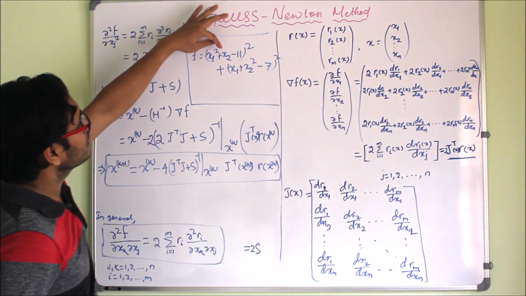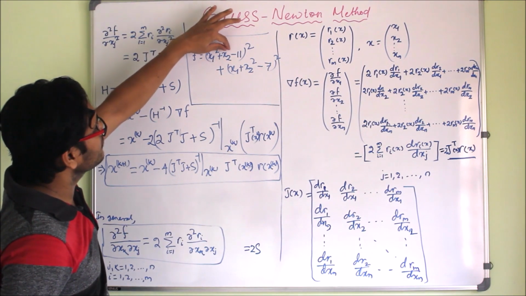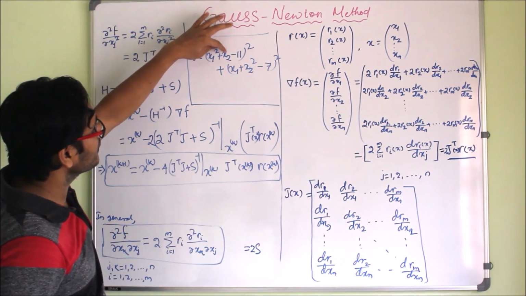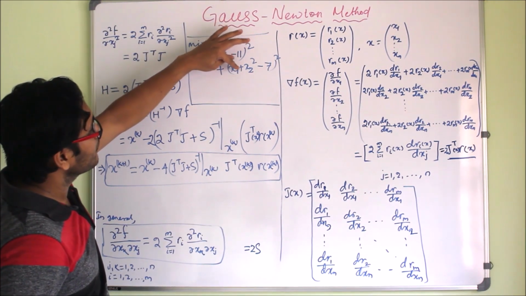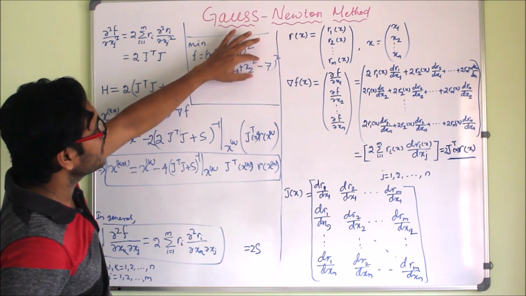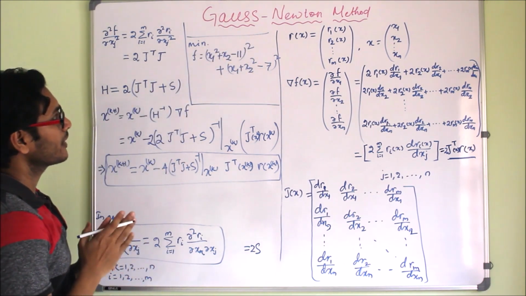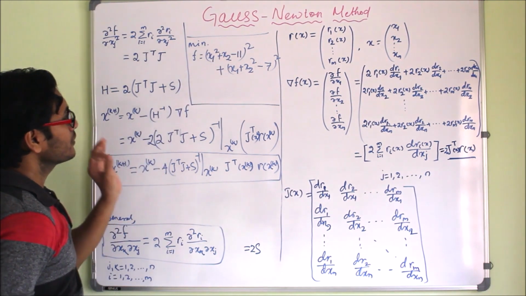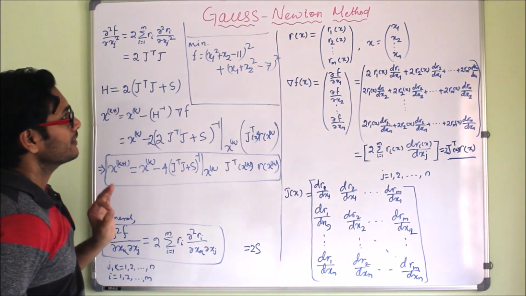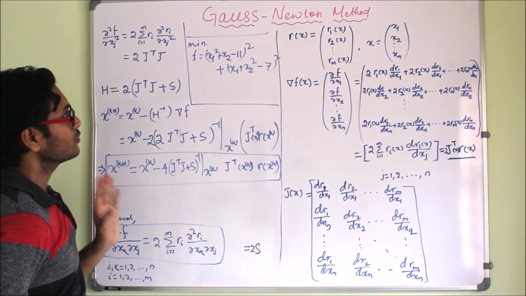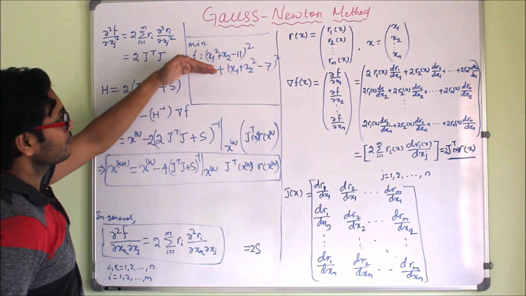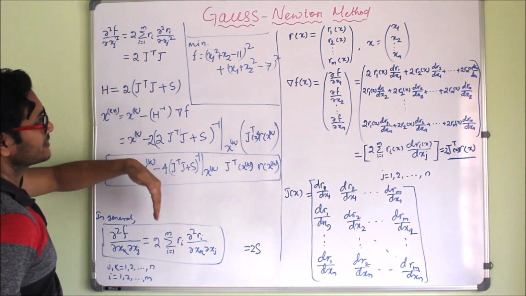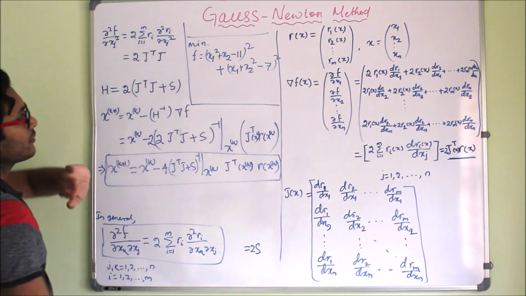So here, x1 squared plus x2 minus 11 will be r1, then x1 plus x2 squared minus 7 will be r2. So there are two r, and the independent variables are x1 and x2. So here m and n you take both as 2, and if you proceed as I have discussed, then you will get the solution.